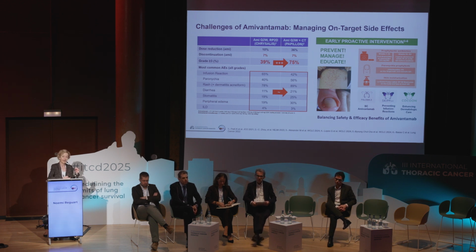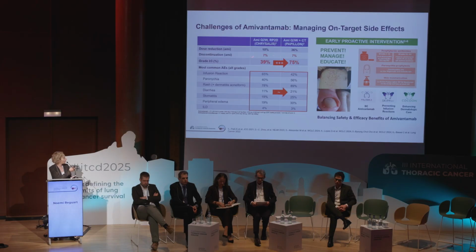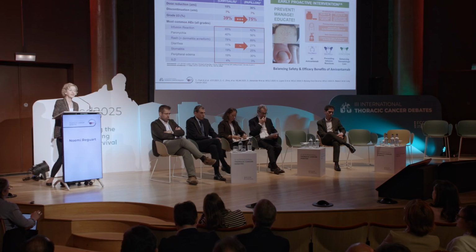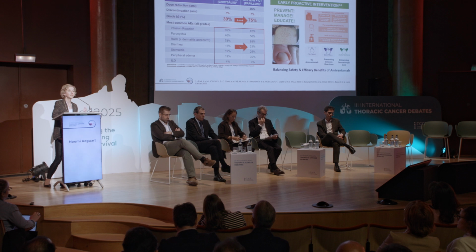If we look at the grade 3 or higher adverse events induced specifically by amivantamab, we are going to see them in approximately 40% of the patients. However, it is reassuring to see that when we are combining chemotherapy, at least regarding cutaneous toxicity, the safety profile is very consistent with that of the single agents alone.